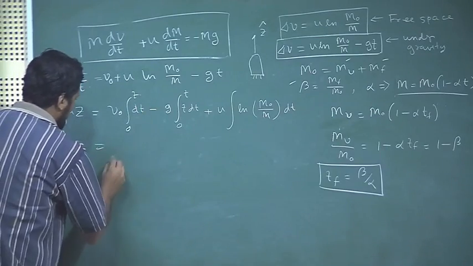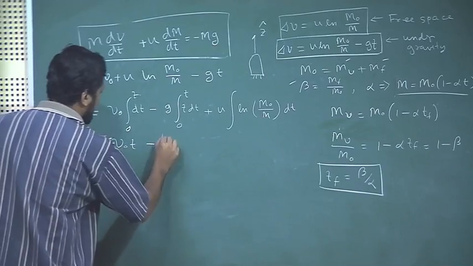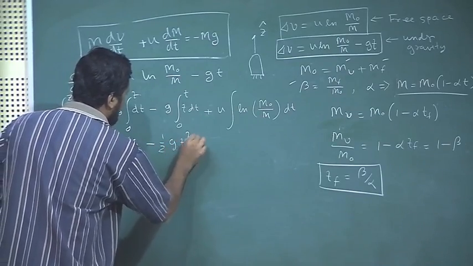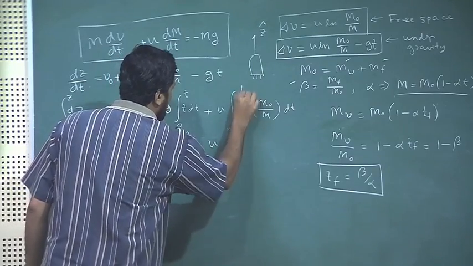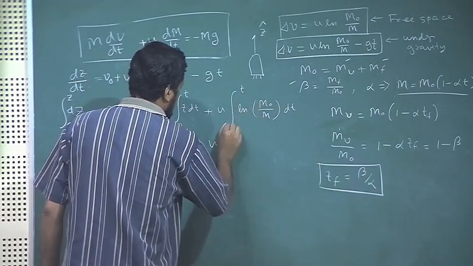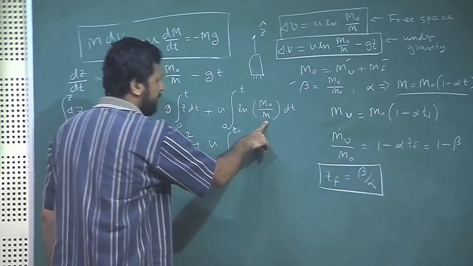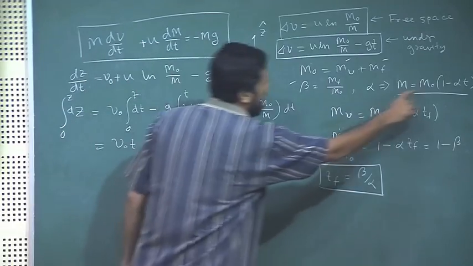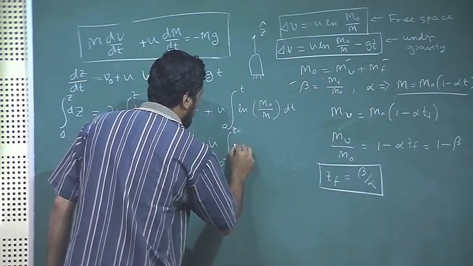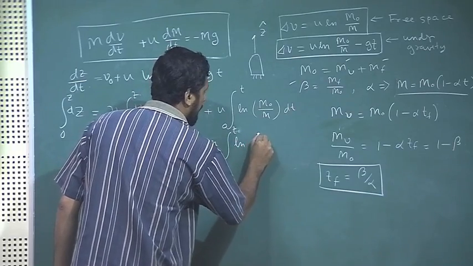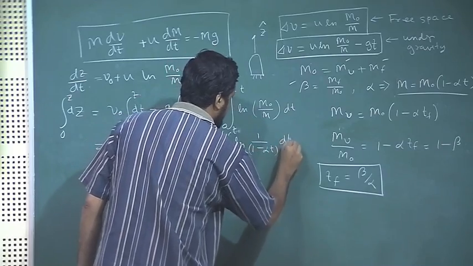Now, the first term is straightforward, it will give you V0 t, the second term is half g t square, the third term we have to manipulate, once again it will be from 0 to t. So, we have to write the expression for m as m0 into 1 minus alpha t. So, m0 will cancel out, you will essentially have ln 1 by 1 minus alpha t dt.